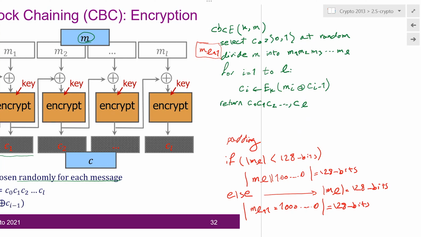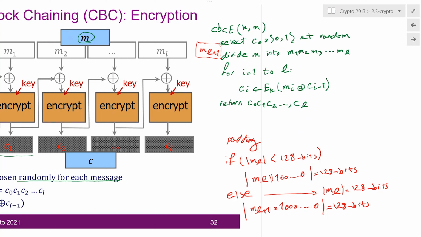So now when the recipient receives this message, the recipient would know that he has to start from the end of the message, remove all the zeros until he sees the first one, and also remove that one, and then he's going to keep the rest of them as the message itself.